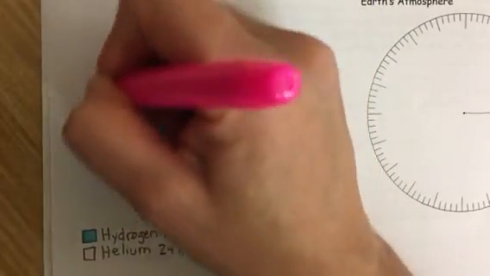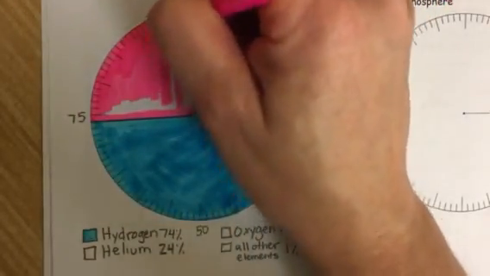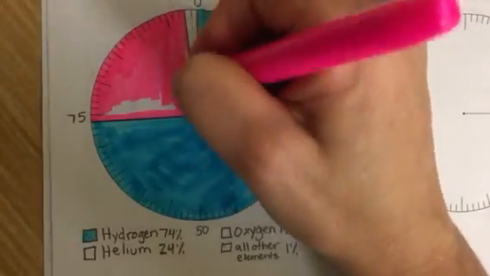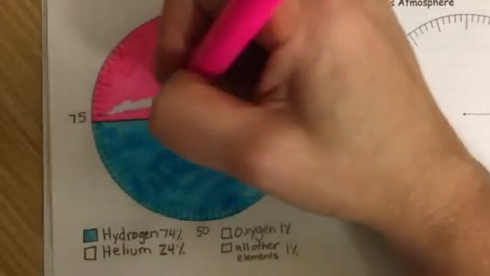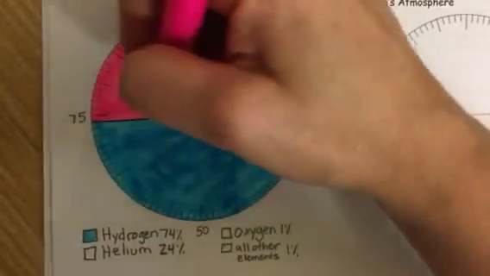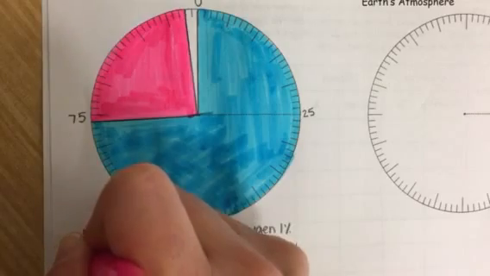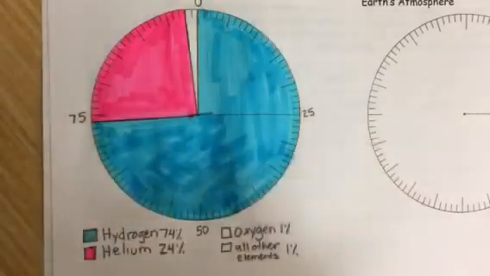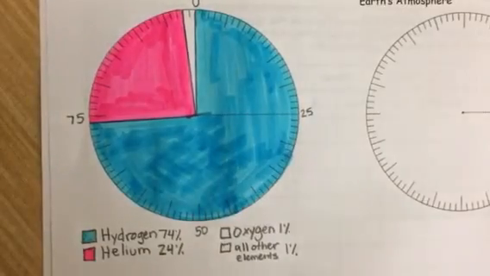Again, be sure to color in nice and neat with your colored pencil, staying within the pie slice you have just created. Finally, mark the key at the bottom so that your reader knows what slice represents helium.